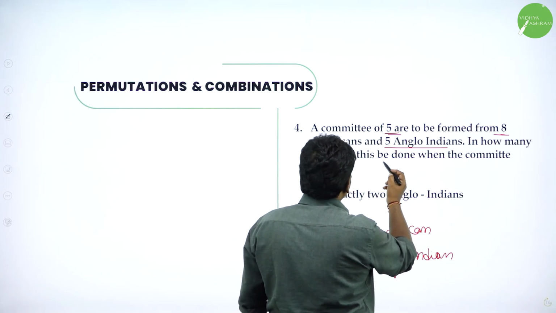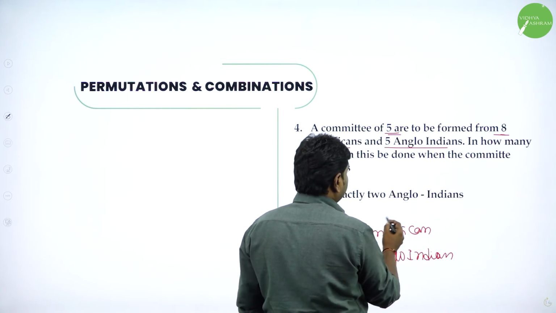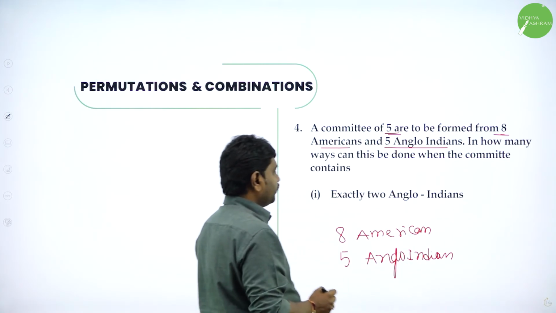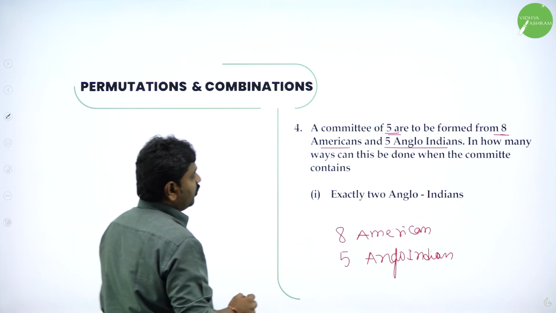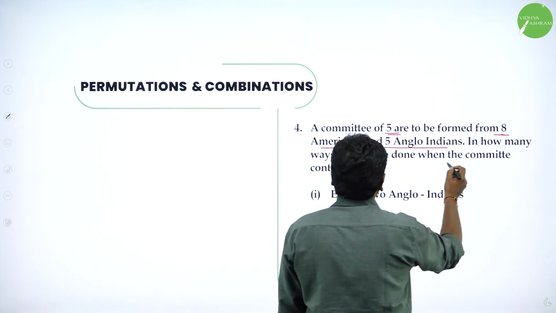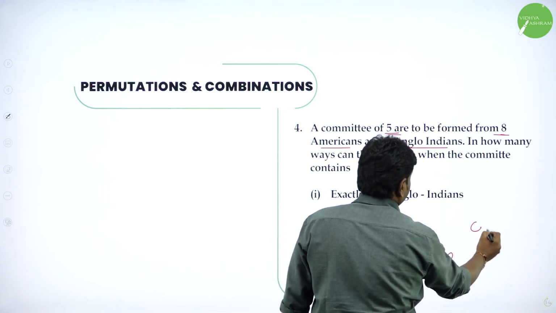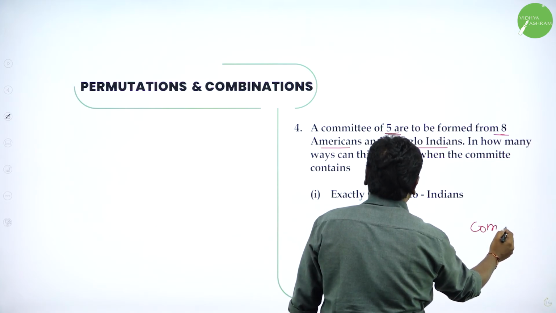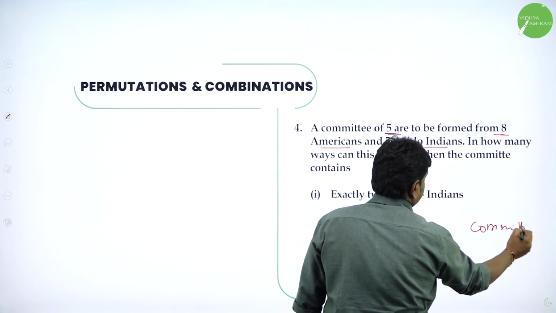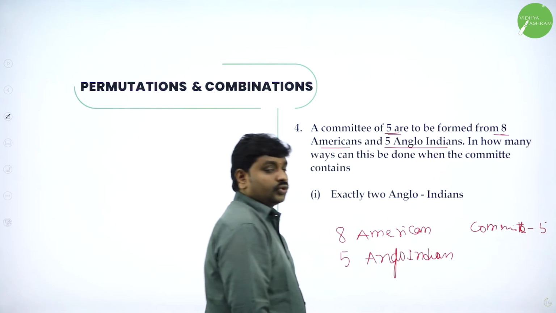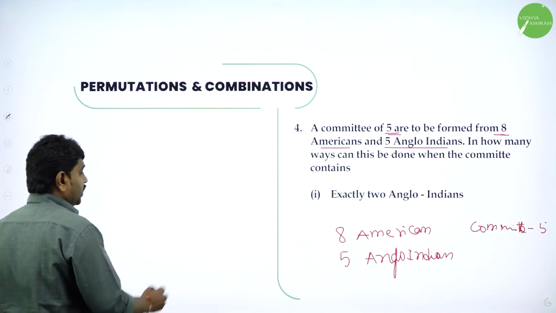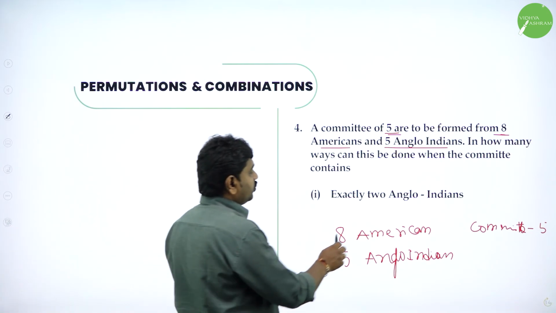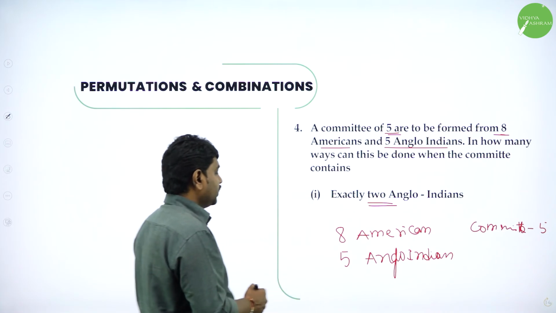How many ways can this committee be formed with exactly 2 Anglo-Indians? So you have to form a committee of 5 out of 8 and 5, but every committee should contain exactly 2 Anglo-Indians.